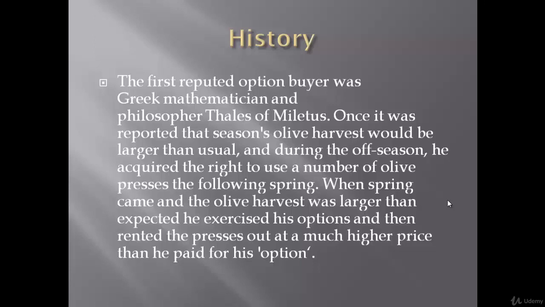When spring came and the olive harvest was larger than expected, he exercised his option and then rented the presses out at a much higher price than he paid for his option.